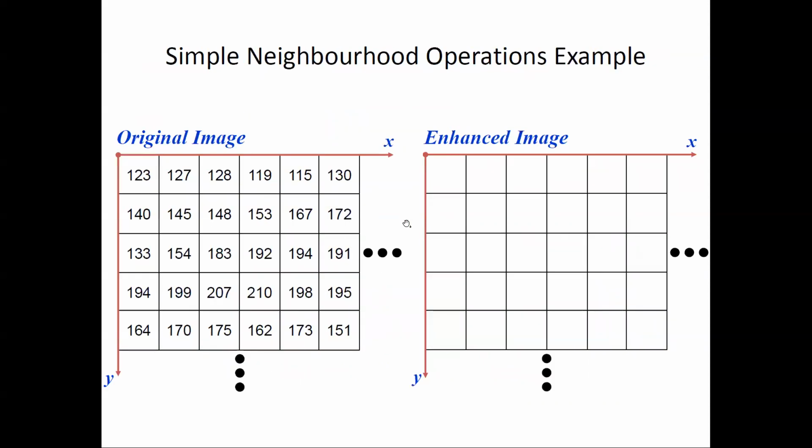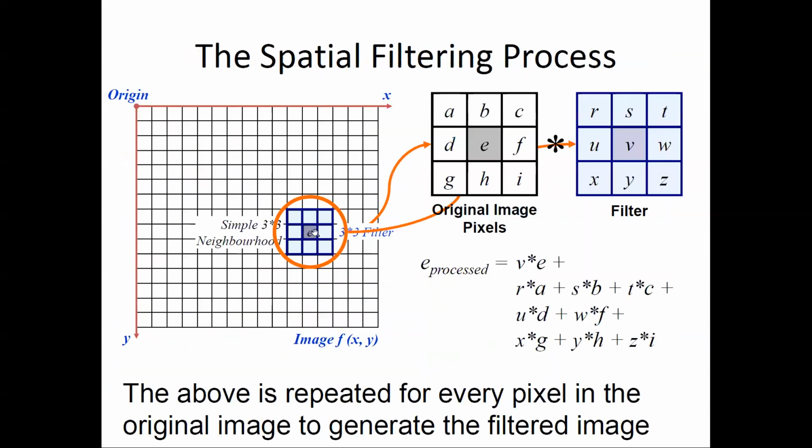These are simple neighborhood operations that you can do. For example, say we have original pixels a, b, c, d up to i, and the filter pixels r, s, t up to z. This is called a convolution kind of thing. We do pixel position wise multiplication.